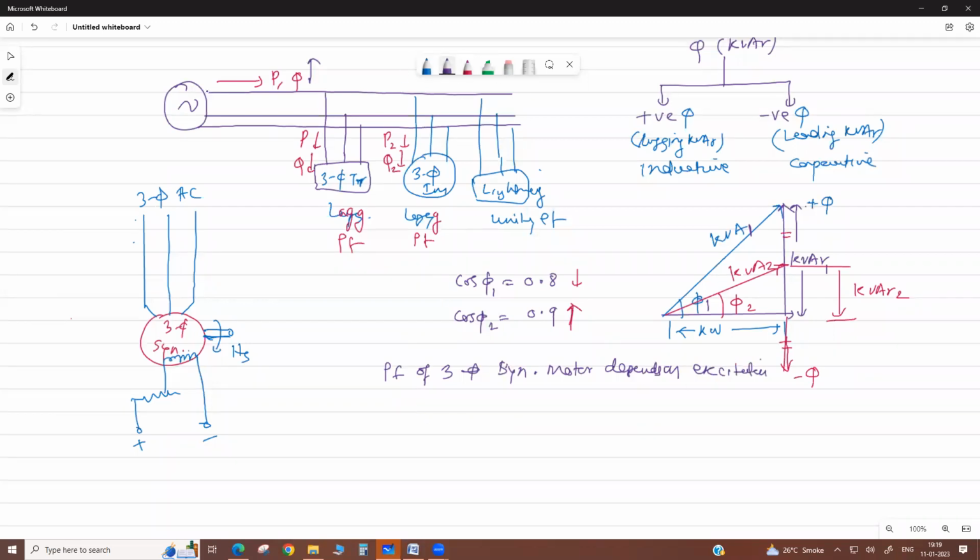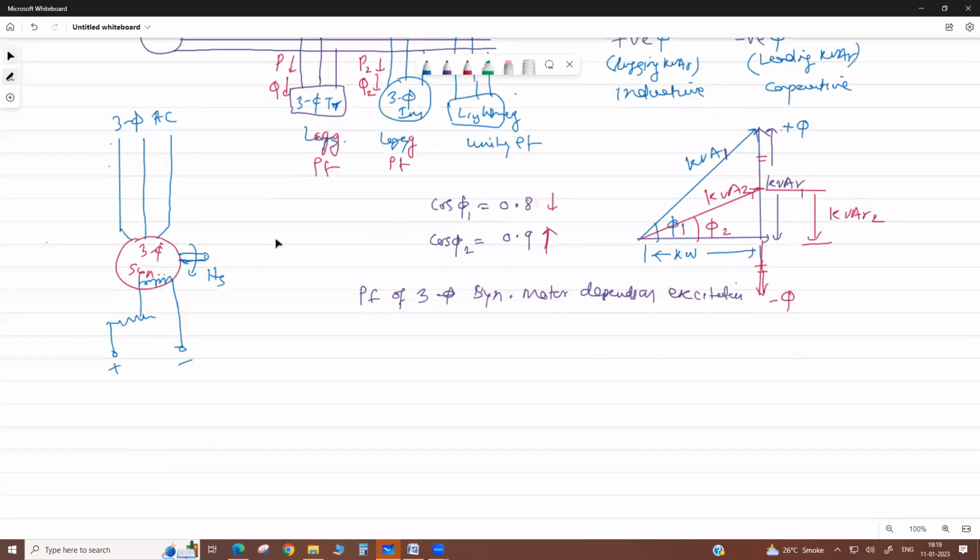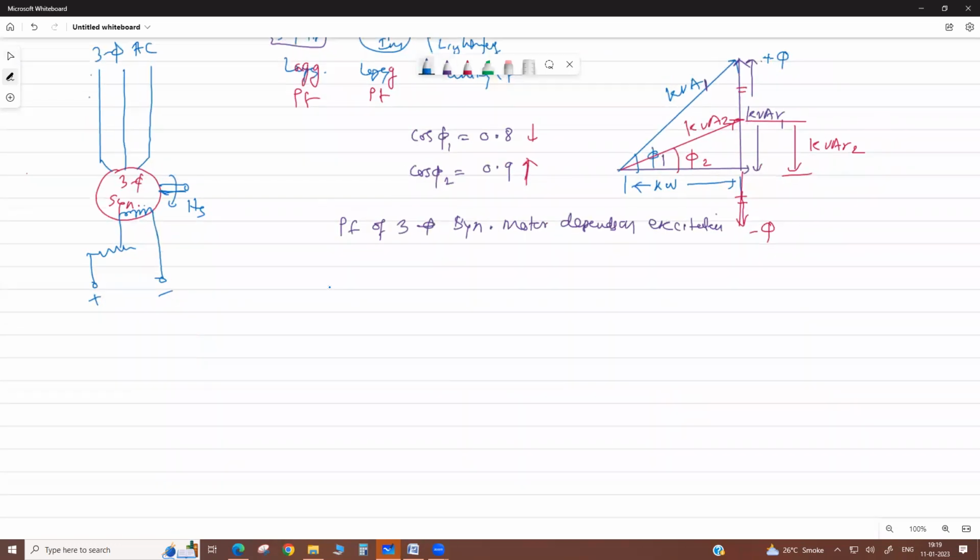It means there is under excitation, normal excitation, or over excited.